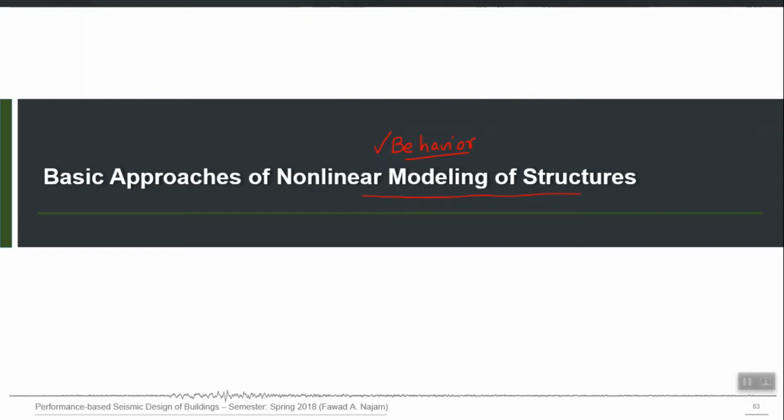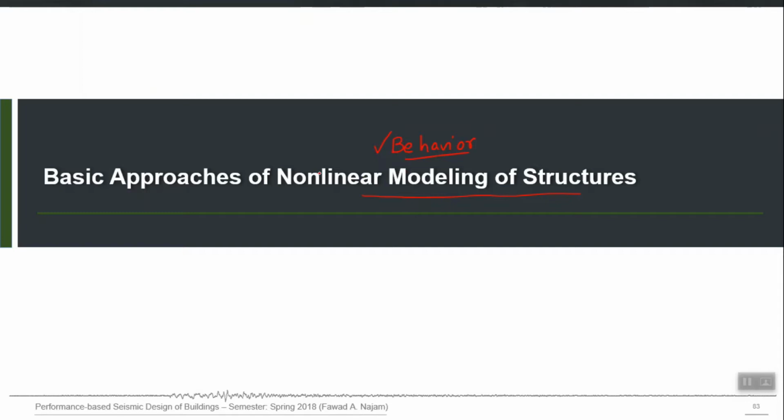So nonlinearity can be of two types: material nonlinearity and geometric nonlinearity. There are other types also, like boundary conditions nonlinearity or contact nonlinearity, but mainly there are two broad categories.